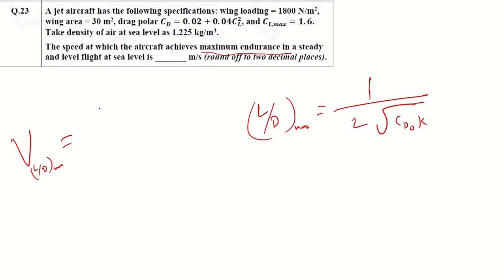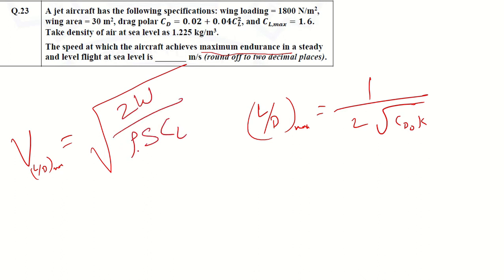The formula is 2W divided by rho CL. Here L is equal to W in level flight, which gives the equation W = 1 by 2 rho V square S CL.